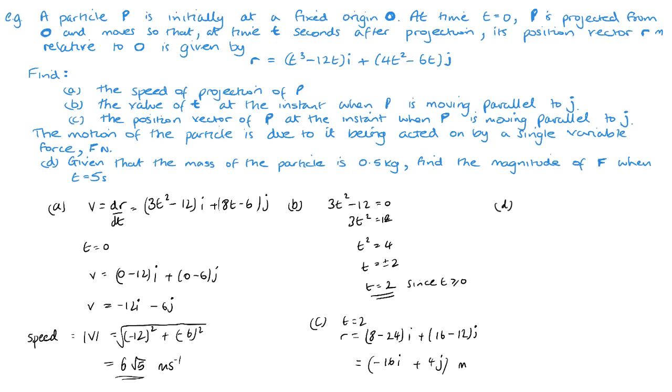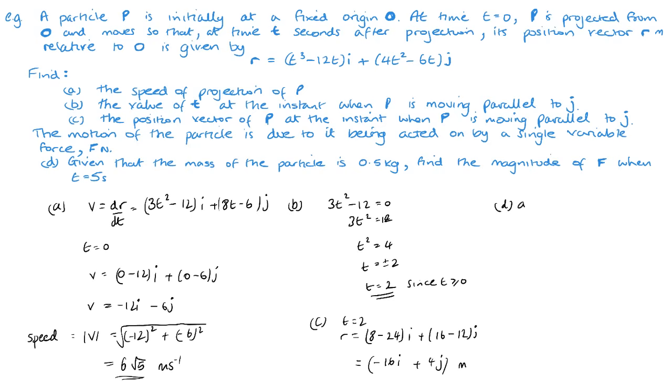Okay, now on to the final bit. The motion of the particle is due to it being acted on by a single variable force F in newtons. Given that the mass of the particle is 0.5 kilograms, find the magnitude of F when t equals 5. So we need to find the acceleration.